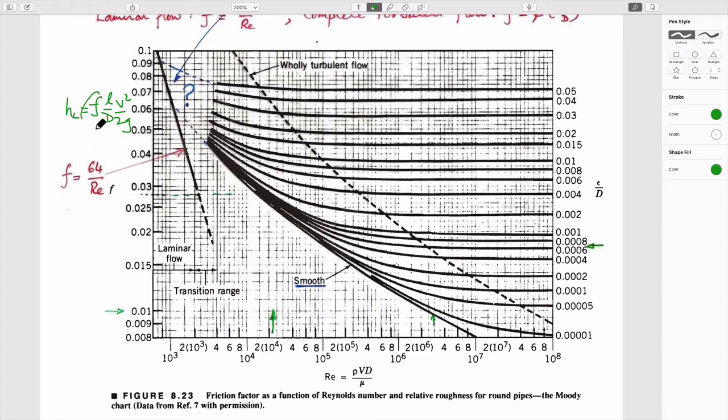So this friction factor is a function of Reynolds number. So as Reynolds number increases, the friction factor goes down because they're inversely proportional to it. And so in this regime, the friction factor is proportional to Reynolds number but independent of roughness.